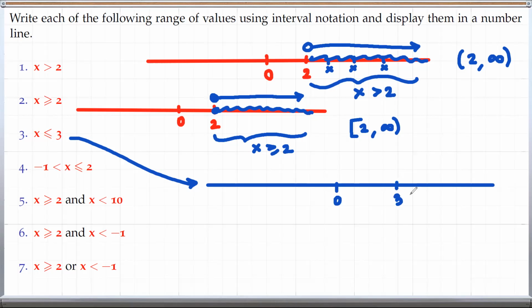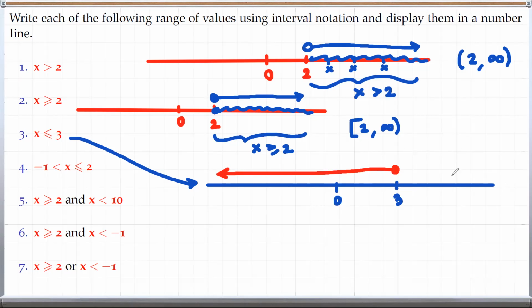So let's say 3 is over here. That means to the left of 3. So we can include 3 because it says less than or equal to. And we are looking at all these real numbers. So this is how we can represent this inequality on the number line.